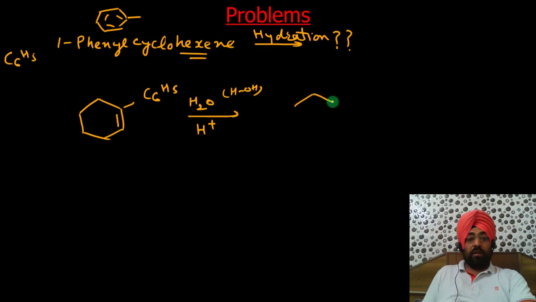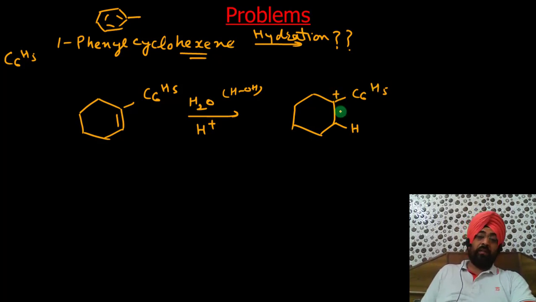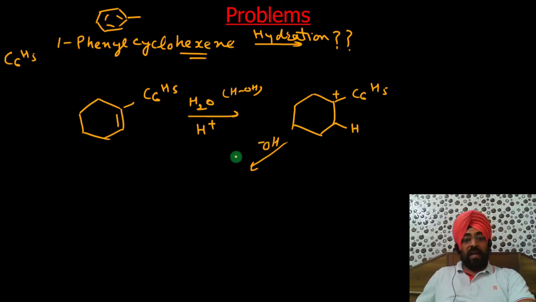So in the first step this hydrogen will come here and you will get a carbocation here. This carbocation is a tertiary carbocation, it is very stable and there is no possibility of rearrangement. Now in the next step, OH negative will add.